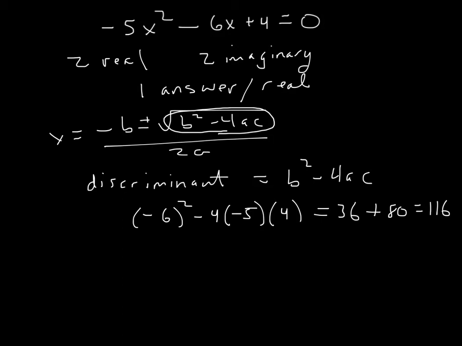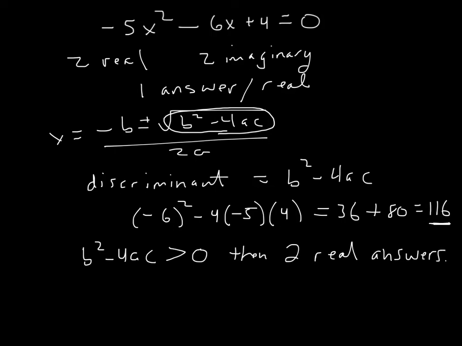But if that number is positive, which it is here, then it's a normal problem. It's just going to have two normal answers. So if b squared minus 4ac is positive, or bigger than 0, then two real answers. That's all we've seen so far. We haven't seen anything other than that on the couple of examples I did.